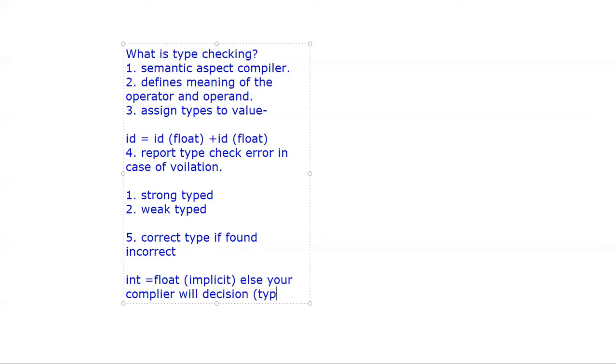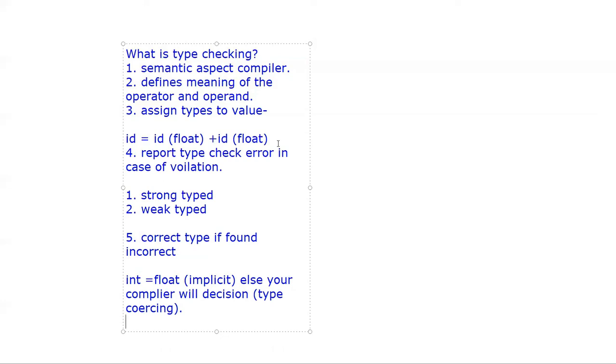This is called type coercion. Right? Which means the type of the value will be decided by the compiler and will be stored into the resultant identifier. So this implicit type conversion is called type coercion. So this is all about the type checking.